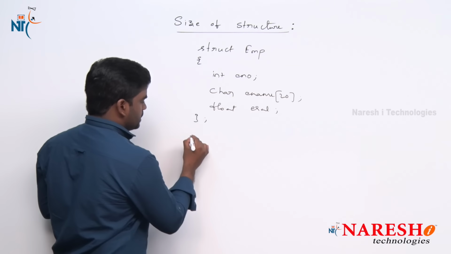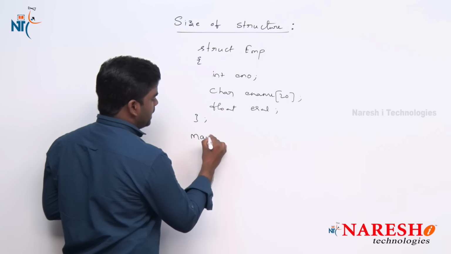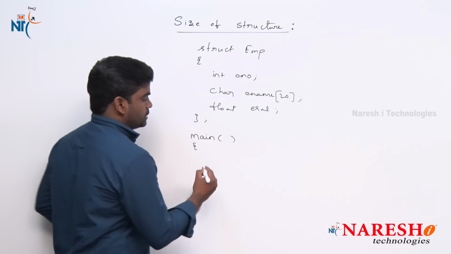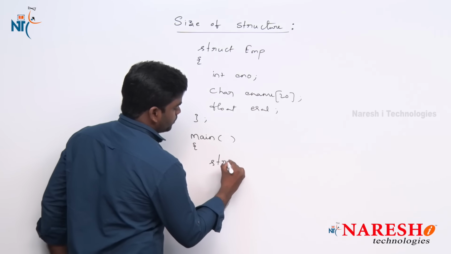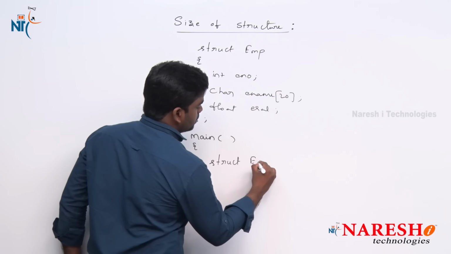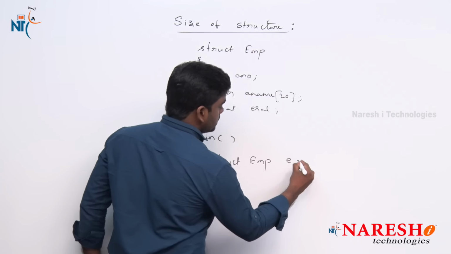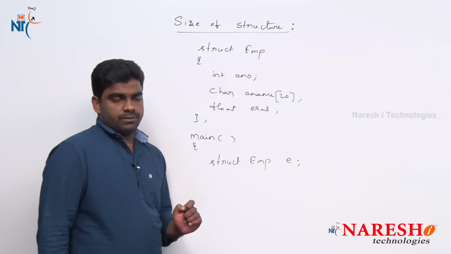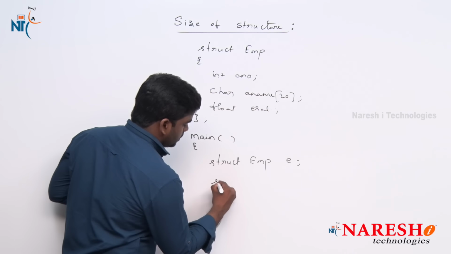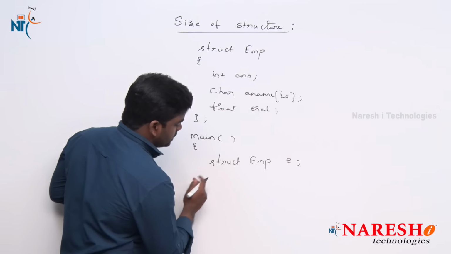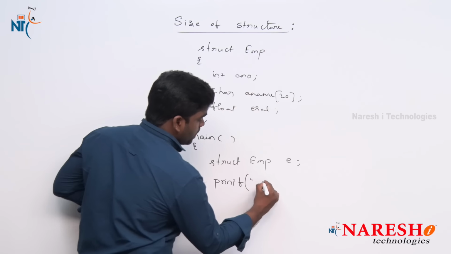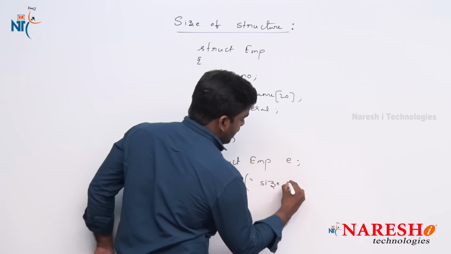Now we write the main method. Inside the main method, I am declaring a variable for the structure, struct emp, and the variable name is e. Finding the size is very simple. We write a printf function and use the sizeof operator: printf sizeof employee.